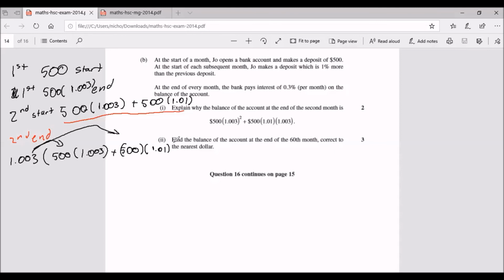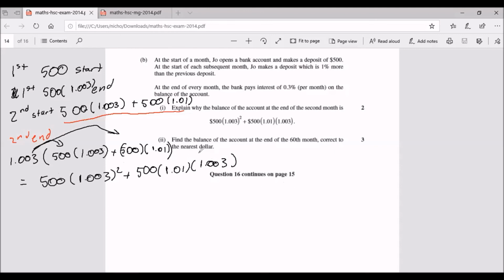Does that make sense? So that's going to be 500 times 1.003 squared plus 500 times 1.01 times 1.003. Are you with me so far?